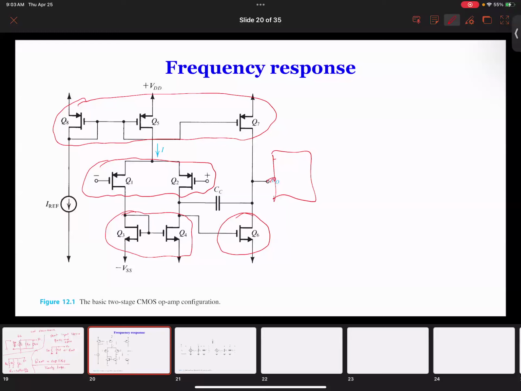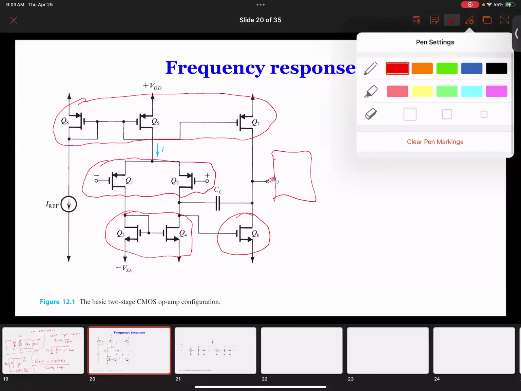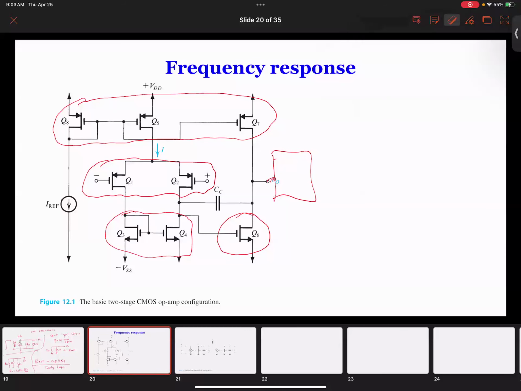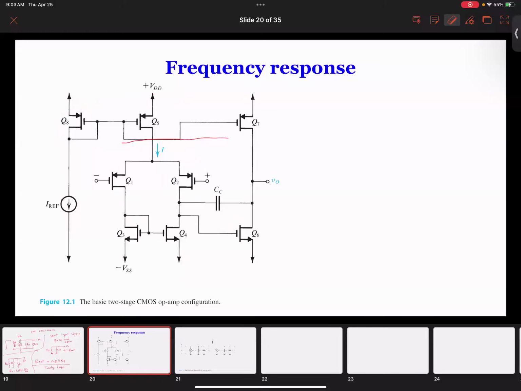In today's lecture, we're going to talk about the frequency response. Last week, we also mentioned CC in the circuit, and I said we would talk about it later, which is exactly what we do now. If you look at CC, it looks like a feedback.